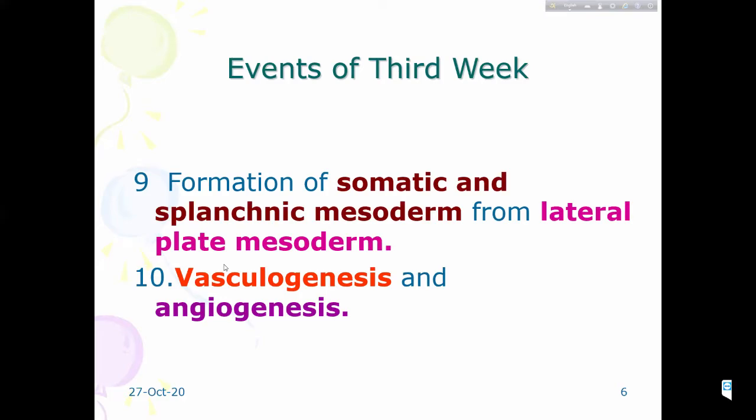Vasculogenesis means blood and blood vessels form de novo from mesenchyme, and angiogenesis means blood vessels sprout from pre-existing blood vessels.